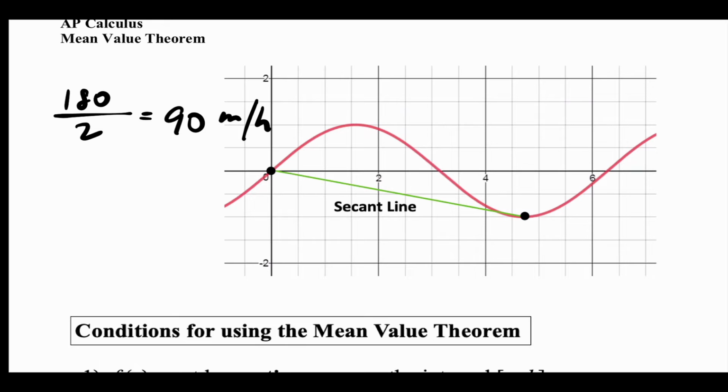You had to have been speeding, because the mean value theorem says if your average rate of change was 90 miles an hour, you had to have been going 90 miles an hour at least one time. That's what the mean value theorem says. So it compares the average rate of change with the instantaneous rate of change.